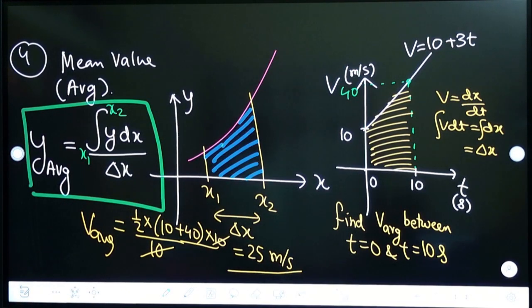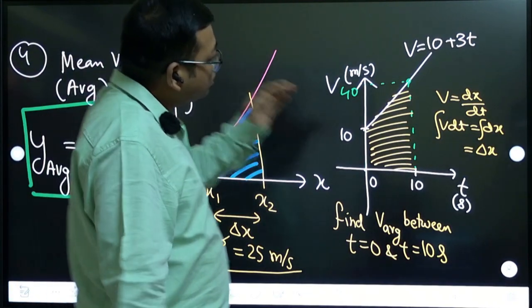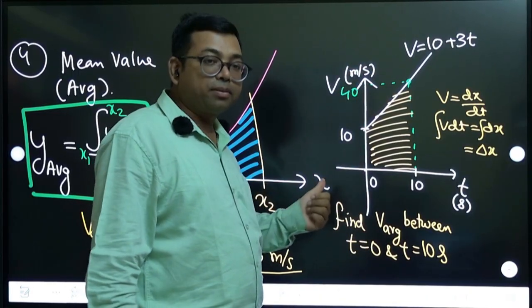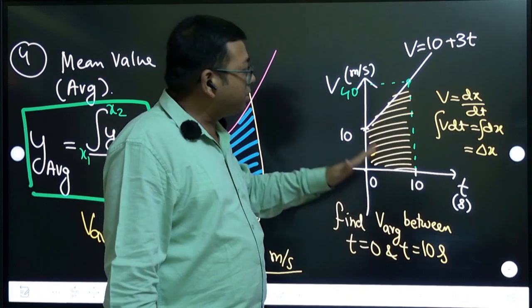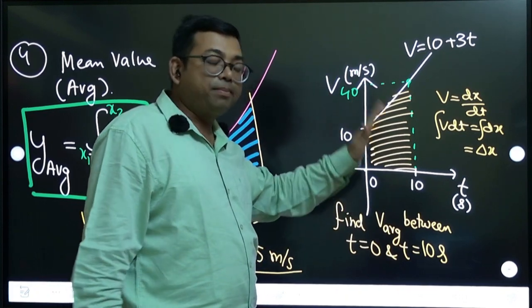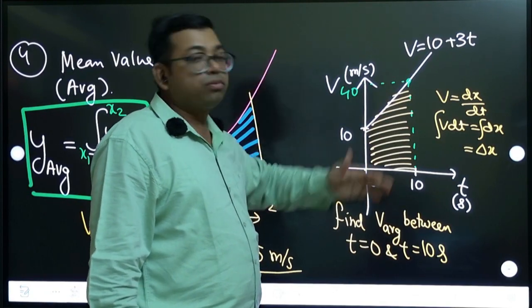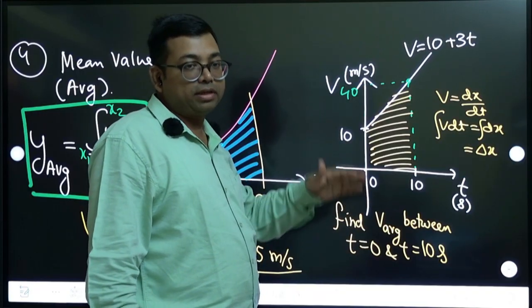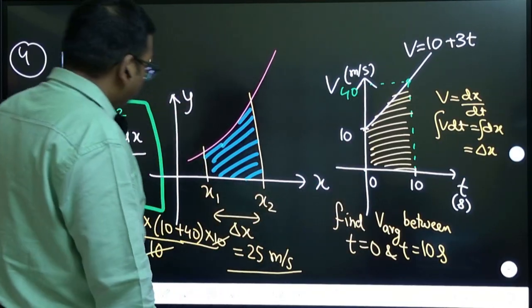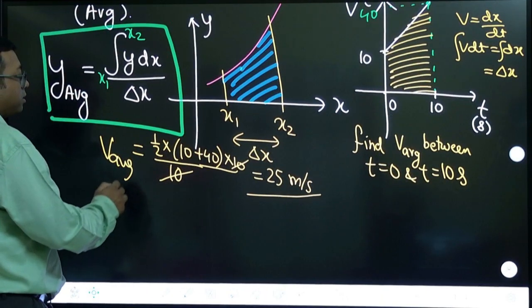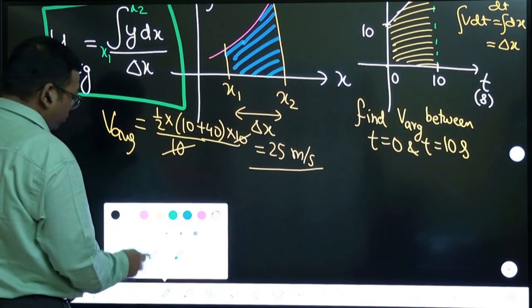Note that this mathematical average is true only for this straight line. Why? Because only for a straight line does the area of a trapezium come. Now suppose the graph is a parabola or hyperbola, then this average idea will not work. Let me give you another example to show that this method will not work unless you use the actual formula.